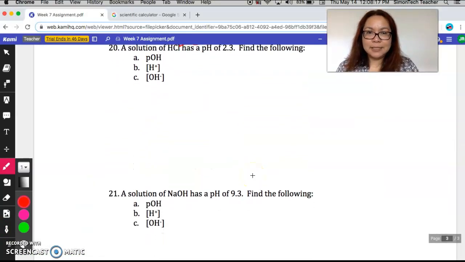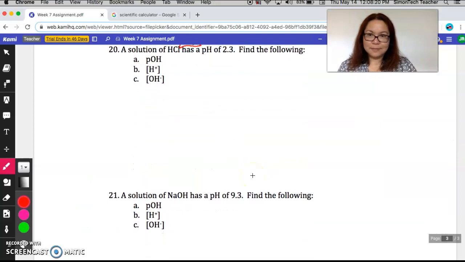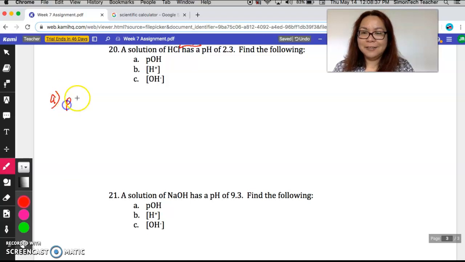Let's do this one together. For the A portion of this, you're going to need to find pOH. In the previous lesson, we talked about how the pH and the pOH of a solution must be equal to 14.